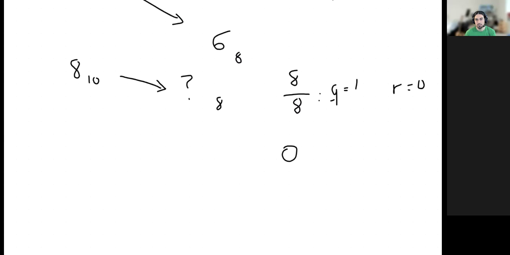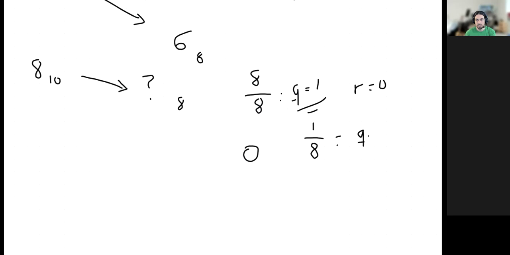Then the next time, you take the quotient and use that as the thing to divide by the base. That operation gives you a quotient of 0 and remainder 1. So you take the remainder and copy it to the left of whatever we already have.